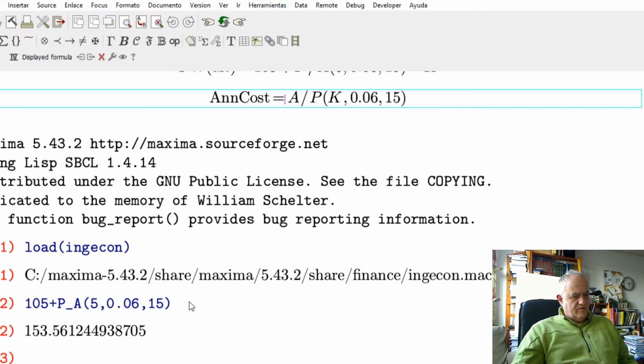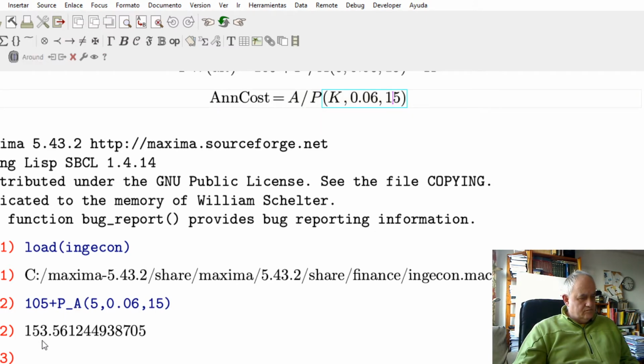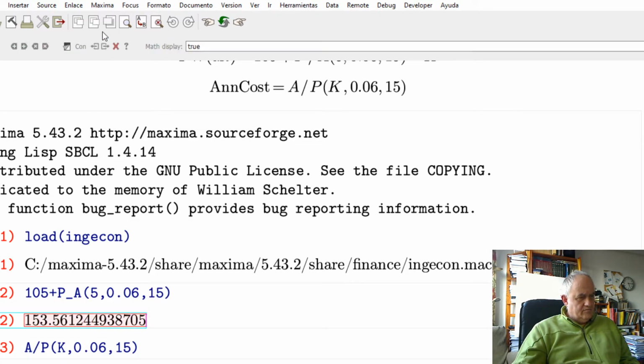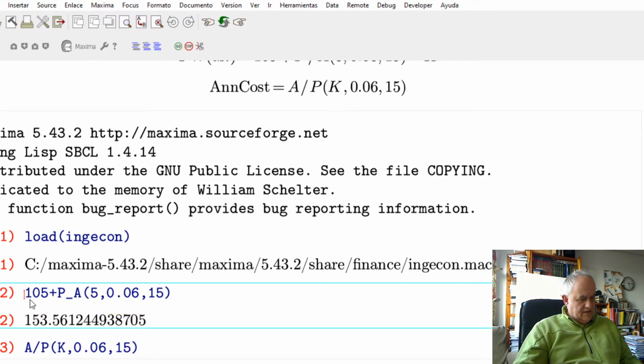Okay, let's do the mathematics of this. Where k is equal to this value. Let's call this k.